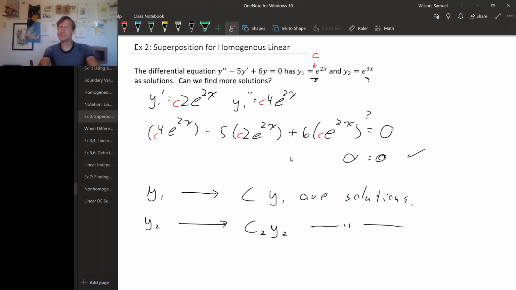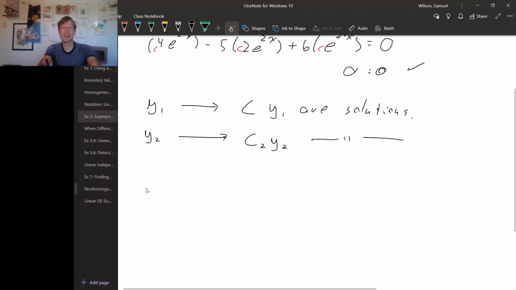But actually, this isn't all, because the algebra for demonstrating that y2 is a solution is exactly the same, and this equation is built out of just multiplication and addition. Right, and multiplication distributes over addition, so if you add these two solutions together, so we're going to make a new solution, I guess, by adding them together.